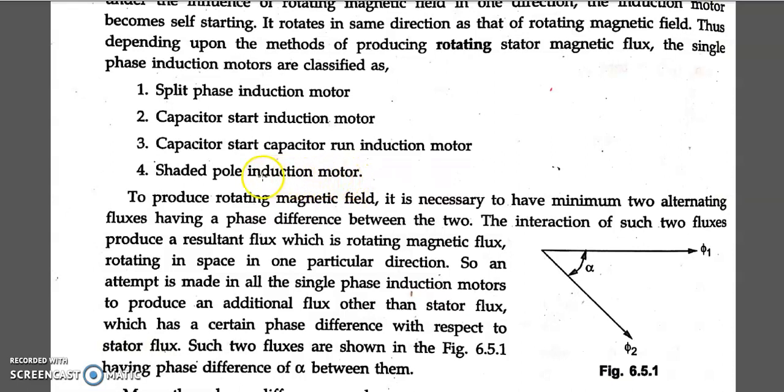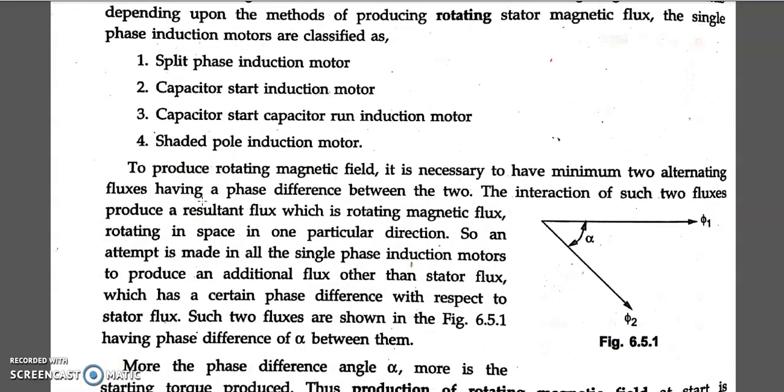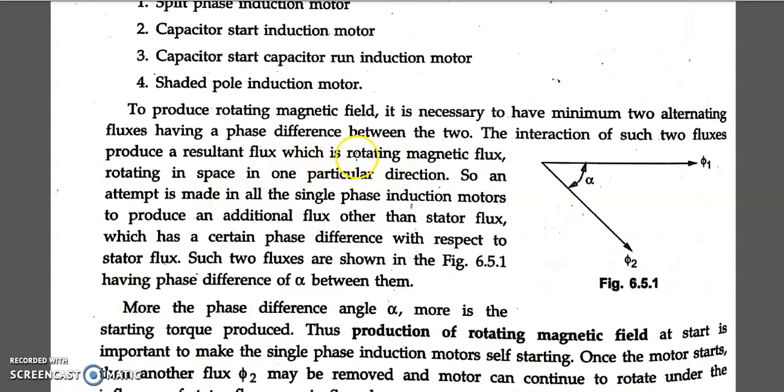One flux is produced by the main winding and the second flux is produced by the auxiliary winding. These two fluxes will interact with each other so as to produce a rotational magnetic field. Here you can see that phi 1 is the flux produced by the main winding and phi 2 is the flux produced by the auxiliary winding.